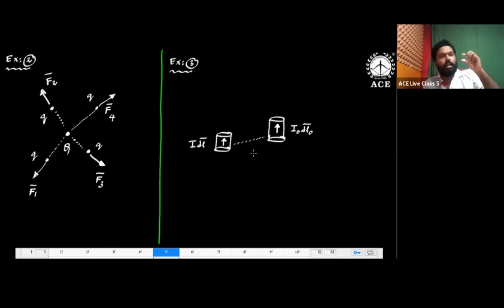If I bring one current carrying conductor near to the other current carrying conductor, it is going to experience a force. What is the nature of the force? That we are going to study in magnetostatics. Just a simple observation. Here it is F1. If I bring the same current element in another direction, it will experience some F2.